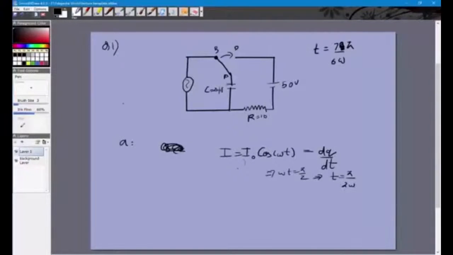So what is the charge between 0 and pi by 2 omega? Integral of 0 to pi by 2 omega of I naught cos omega t dt. Now I naught is 1, the integral of cos is sin, so from 0 to pi by 2 omega, sin omega t by omega gives us 1 by omega.